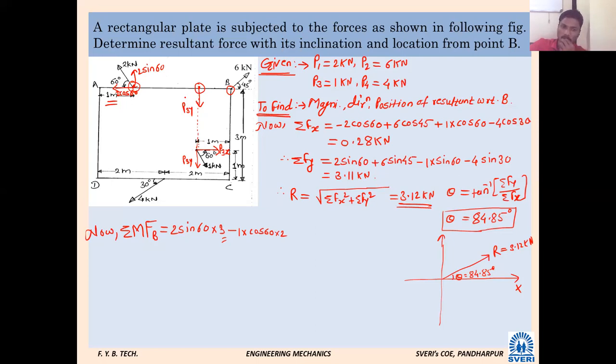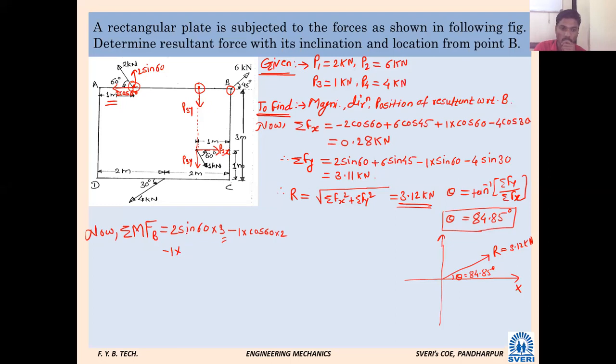It will remain the same. Now it is possible for you to imagine how this object will rotate if point B is fixed and force P3Y, the Y component of force P3, is applied. Anti-clockwise. That's why I'm taking minus 1 into the Y component.